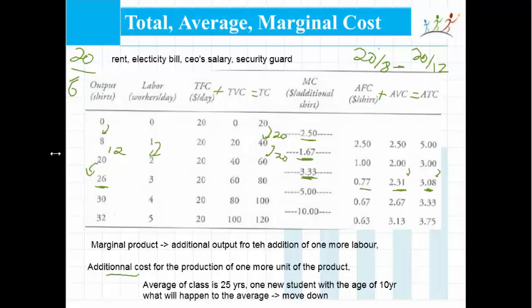The concept we are trying to explain is that if the marginal cost is higher than the previous average, then the average cost will move up.